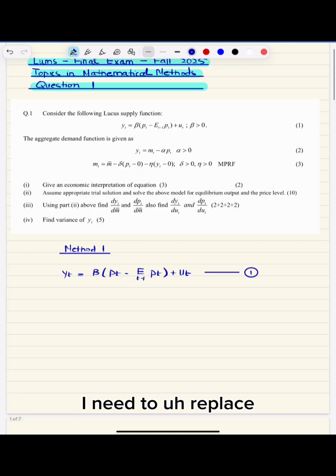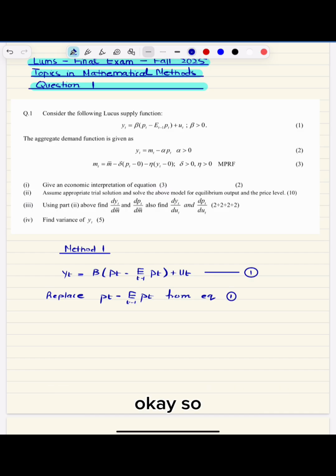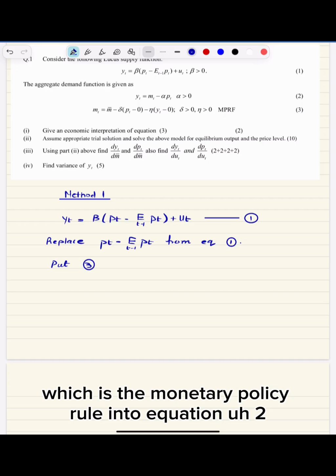I need to replace pt minus expected value of pt from equation 1. Okay, so the first step should be that we put equation 3, which is the monetary policy rule, into equation 2.